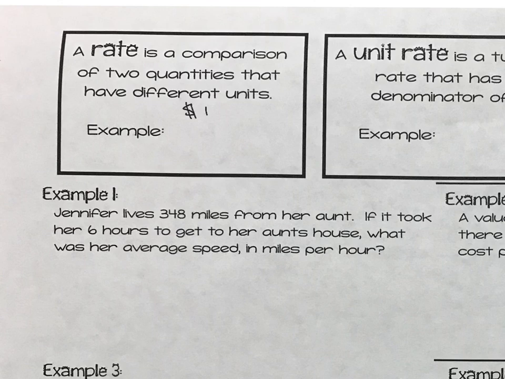We'll do $19.50 divided by 3 cheeseburgers. All right, so $19.50 divided by 3 cheeseburgers. I'll give you a second to make sure that's written down.